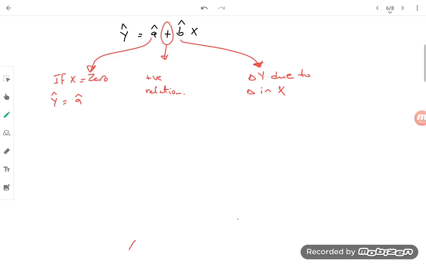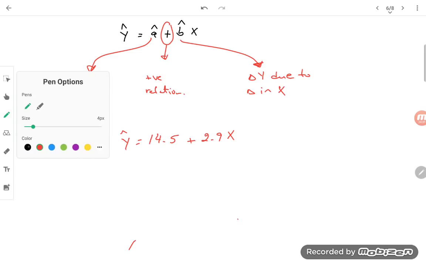Okay, if we use the data described in the previous table and get the values of a and b, we can write the equation as y hat equals 14.5 plus 2.9x. So this means that, with respect to question number 3, there is a positive relationship between income and quantity demanded.